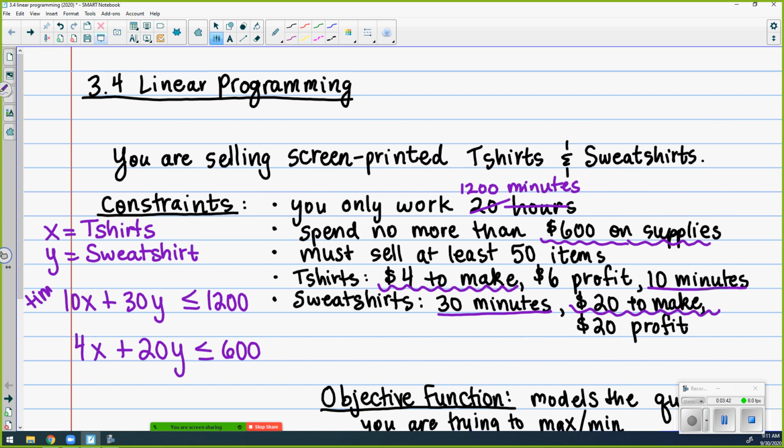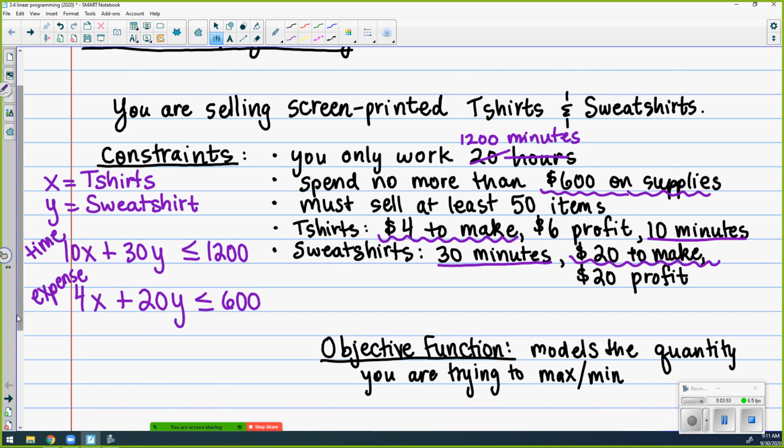Maybe I should label this. First constraint was time. The second constraint is expense. What else do we know? We have to sell at least 50 items. So X plus Y needs to be greater than or equal to 50.